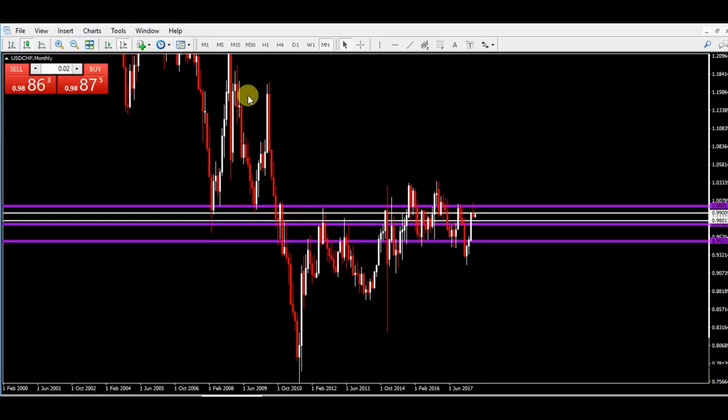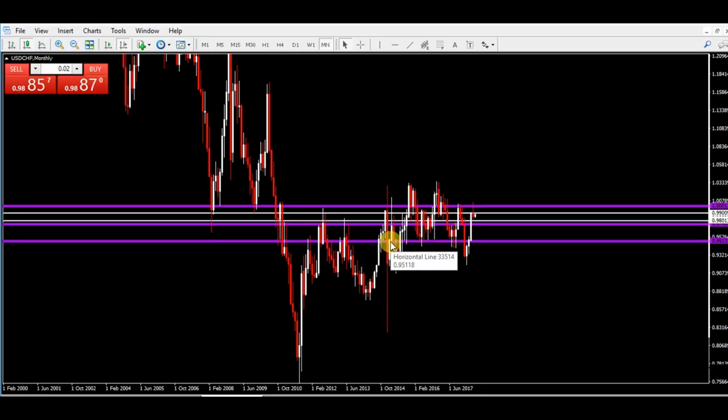As you can see here, we are currently on the monthly chart, between the monthly and weekly and daily. But taking a look at what's happening on the higher time frames and the correlation with what's happening on the lower time frames that mirror what's happening on the higher time frames, if that makes sense. And if it doesn't, just rewind and replay.